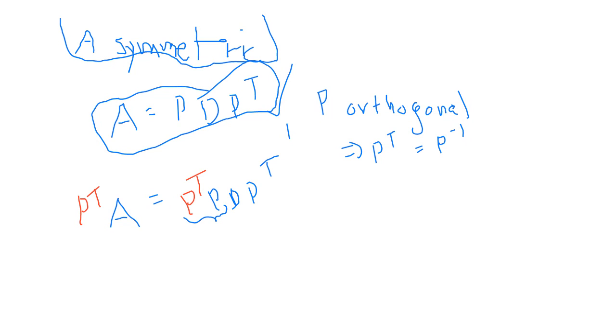What's P transpose times P equal to? It equals the identity. Good, Haley. Good, Eleanor, absolutely right. This is going to be the identity because P is an orthogonal matrix. So now you have P transpose times A equals D times P transpose.